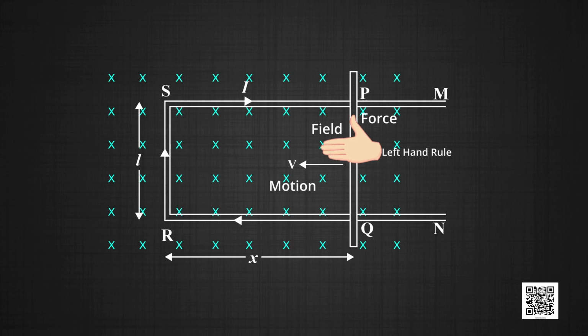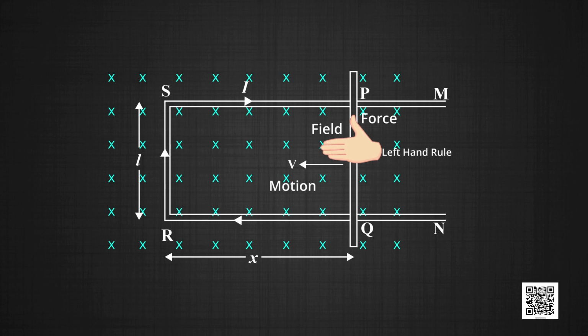Look at the diagram. As the rod is moving, free electrons will be moving in the direction of the rod. The field is perpendicularly inward and the force on the electron is in the direction shown by the thumb. Hence, the direction of the current will be opposite to it, same as shown by the right-hand rule.